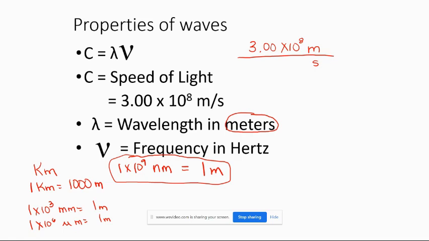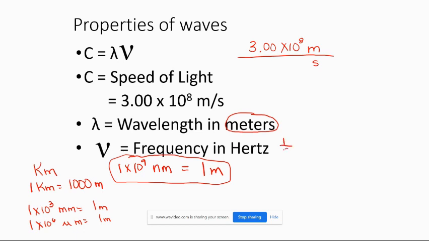You guys can visualize what a millimeter looks like, right? A micrometer is 1,000th of a millimeter, and a nanometer is 1,000th of that. So that is so tiny that you wouldn't be able to see it with a naked eye. Okay. The other thing that you have to do is have your frequency in hertz.